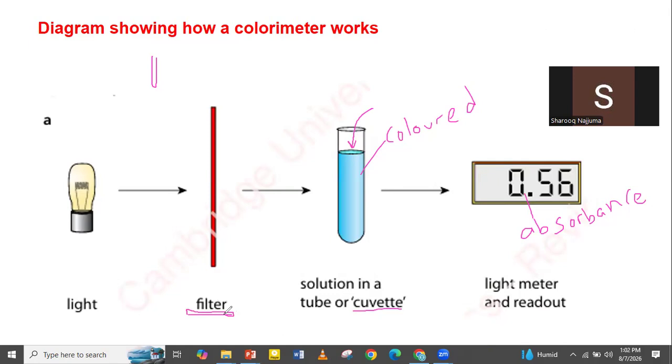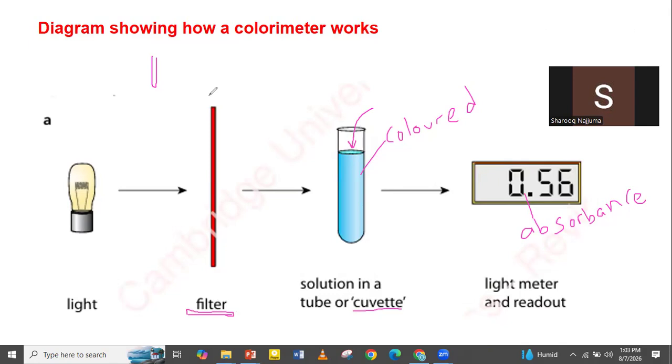Remember, different colored substances absorb different wavelengths of light. So if your solution is blue, you might need to know the best wavelength of light that blue color absorbs, such that you provide it with the best wavelength of light.